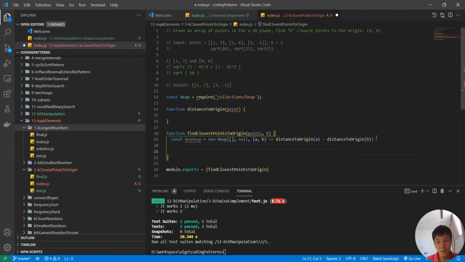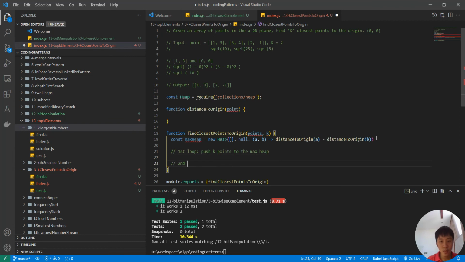So I want to use 2 loops here. The first loop pushes K points to the max heap, right?